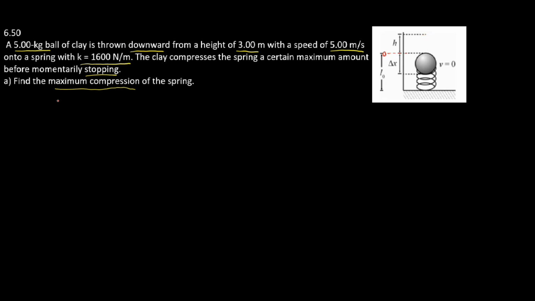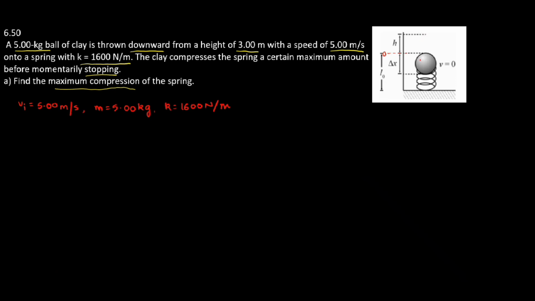At this position, the speed of the clay, which I will call the initial speed, is 5 meters per second. Mass of the clay is 5 kilogram. Spring constant K is 1600 Newton per meter.